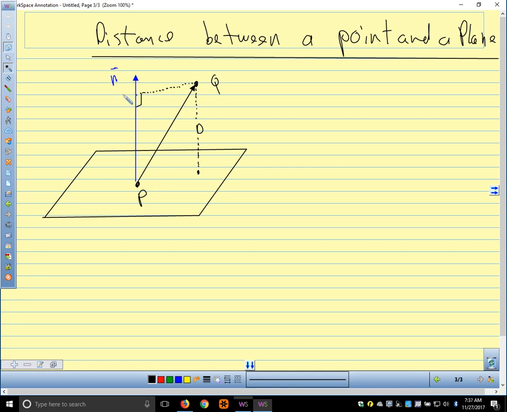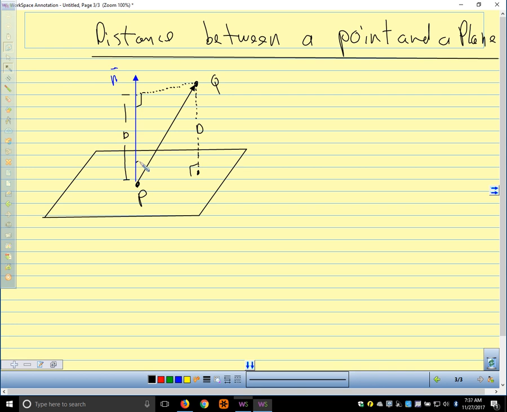This distance is also d. So we're going straight down from Q to the plane. That's our distance. We want the perpendicular distance, the shortest distance.